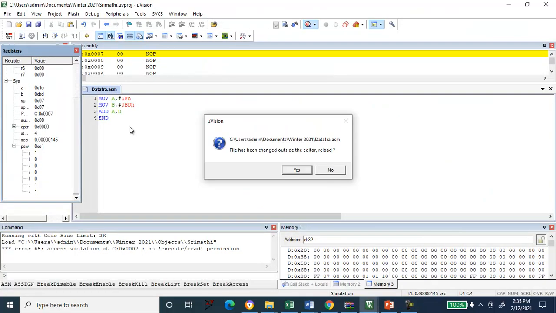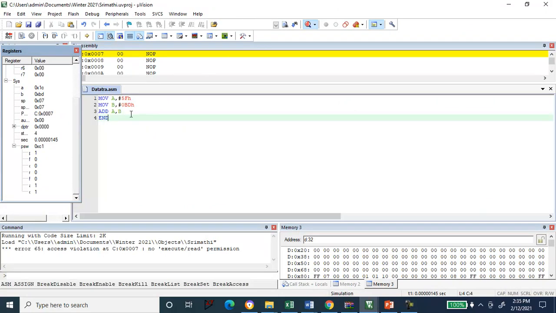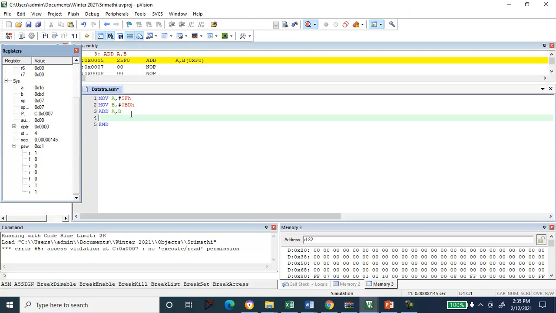Add A comma B. So now I need to include the carry also. Keep in mind the result is 1C. There is a carry, so I need to include the carry also for avoiding the error. So add with carry, A comma, I'm giving an immediate number.